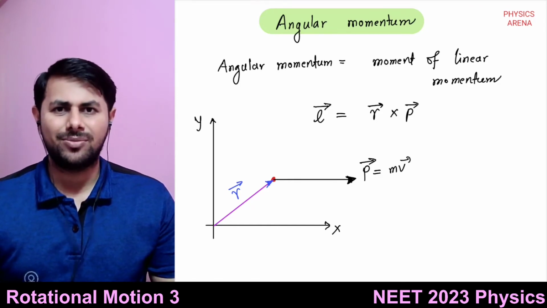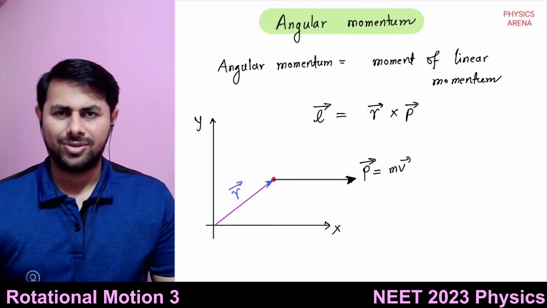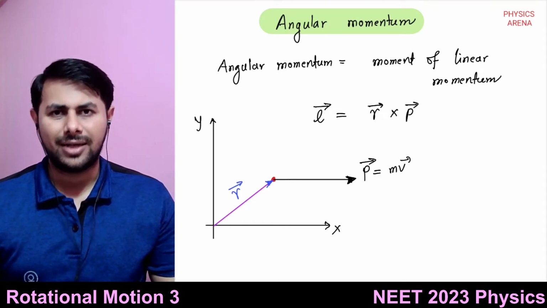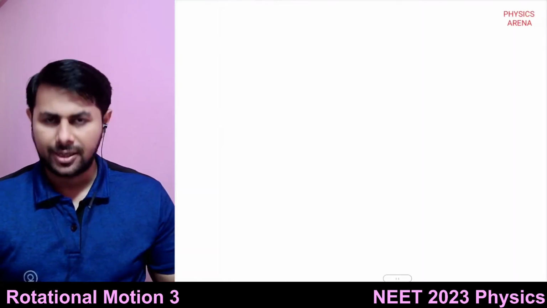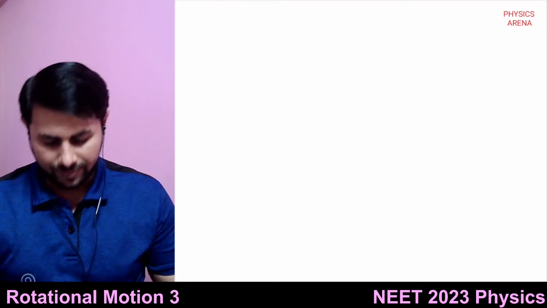Force is rate of change of linear momentum with respect to time. The same is the relation between torque and angular momentum. We'll see that. So for that, let us take the derivative of angular momentum with respect to time.